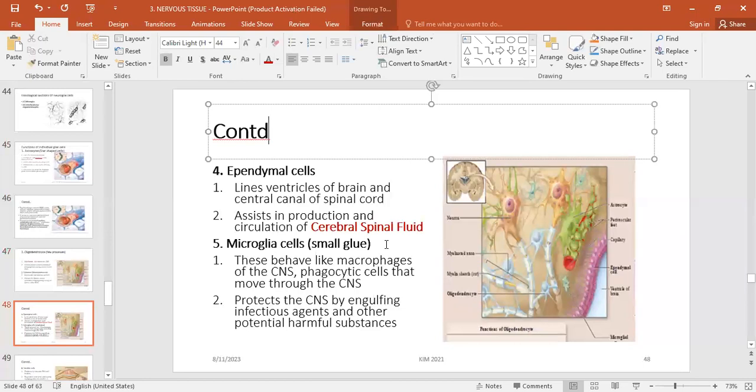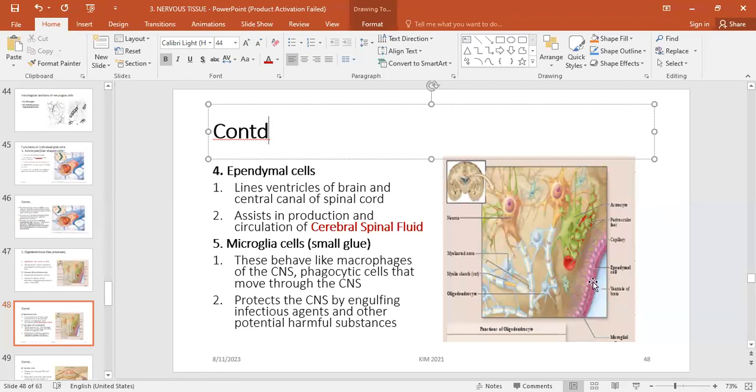Now, those choroid plexus, or simply the capillaries in the ventricles, are also covered by ependymal cells. These are the cells here in purple or pink. So the ventricles are covered with ependymal cells. Within the ventricles, we find special capillaries known as choroid plexus.